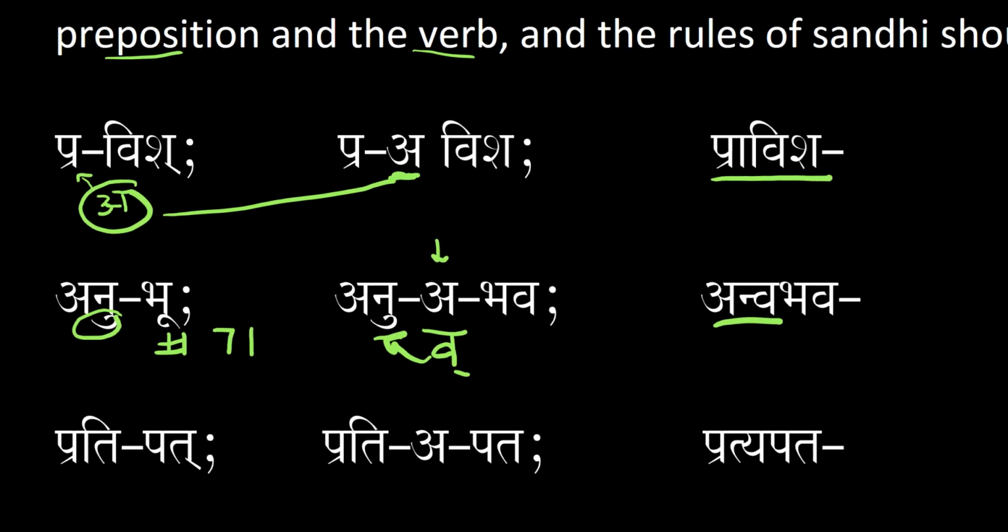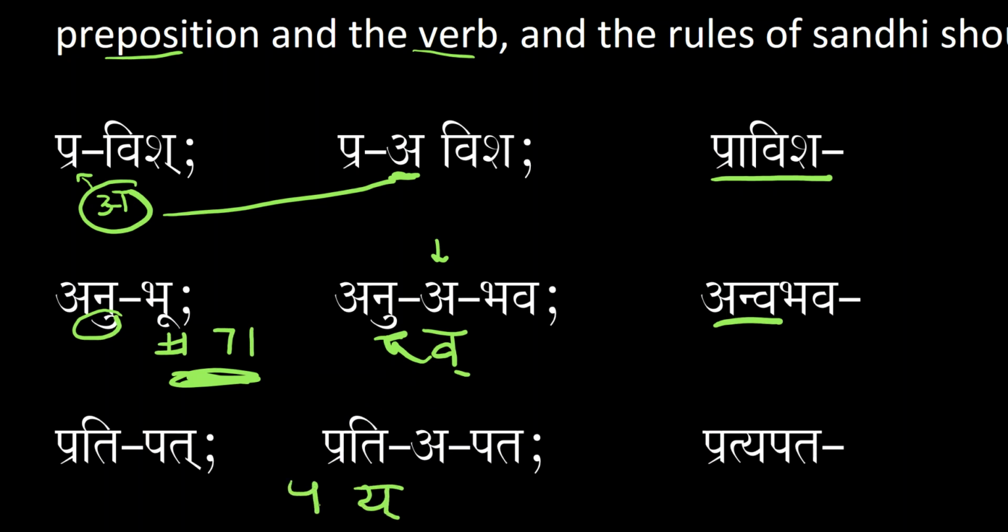Now for here, we have pratipat, and then when an 'i' is followed by a dissimilar vowel, and again you can refer to lesson number 71 for the sandhi rule, this 'i' turns into a half ya, a ya with a halant.